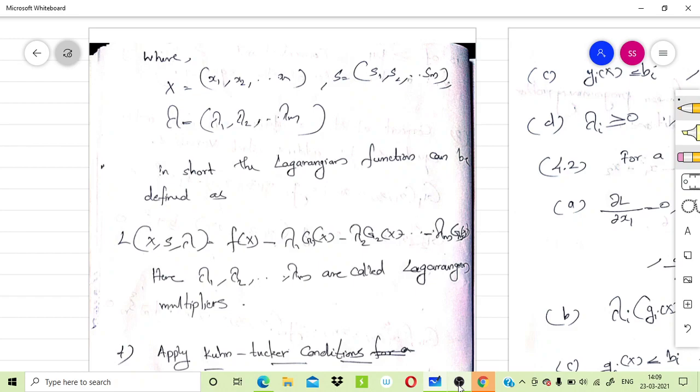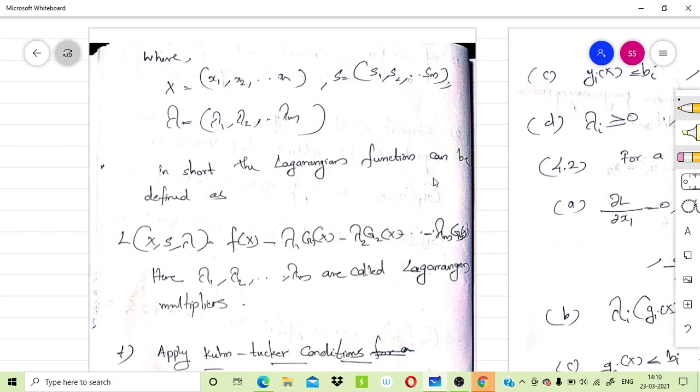Okay, and the capital X is the vector, the set of all x1, x2, etc., xn, and we are defining capital S, which is a set of s1, s2, etc., sm, and we are defining the capital lambda, which is another set of lambda 1, lambda 2, etc., lambda m.